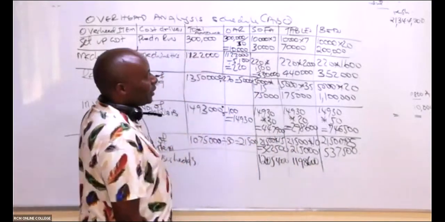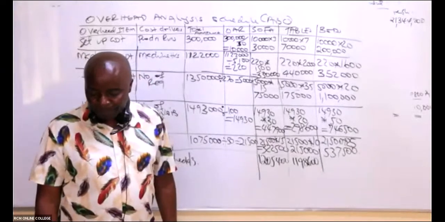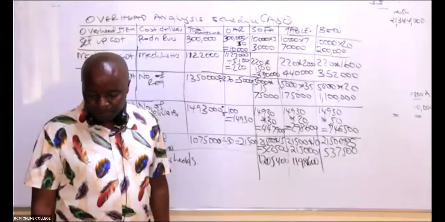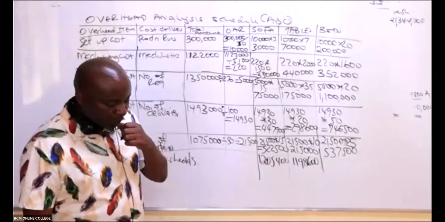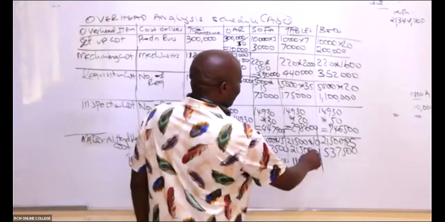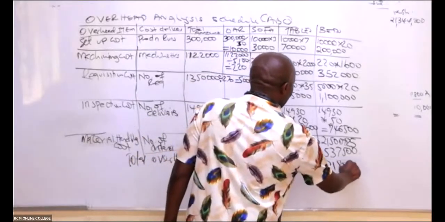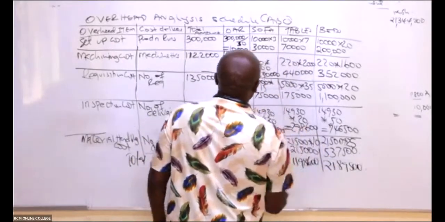After that, beds. What do we have there for beds? 189,500.